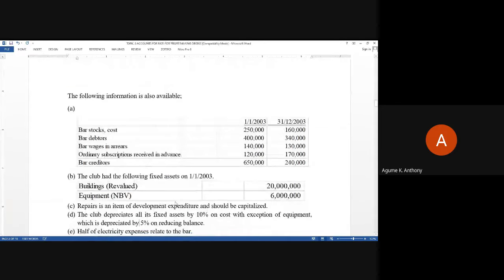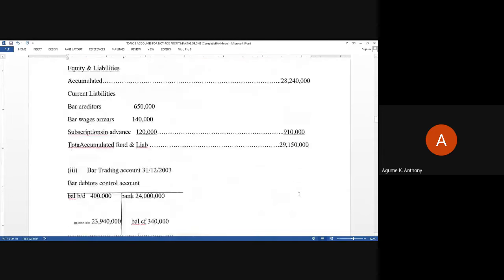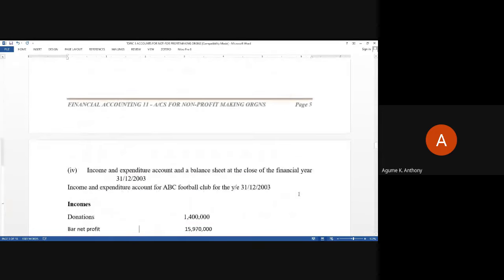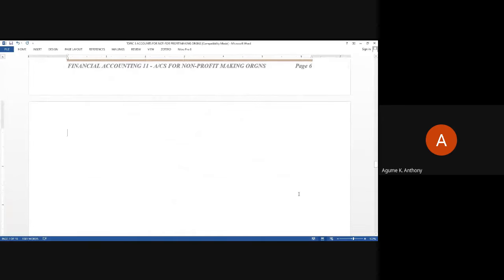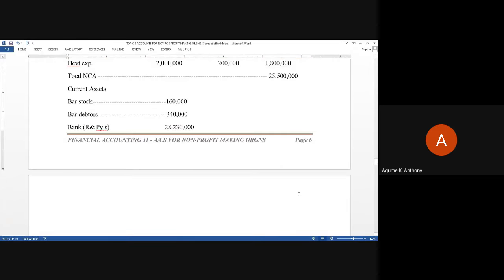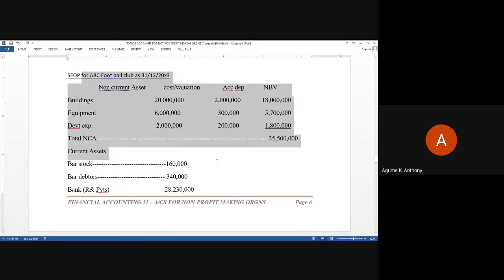That is the closing balance. Then I think those are the total current assets. You can even reduce so that they fit on one page.